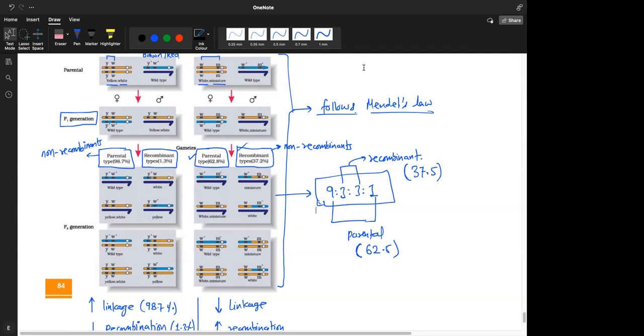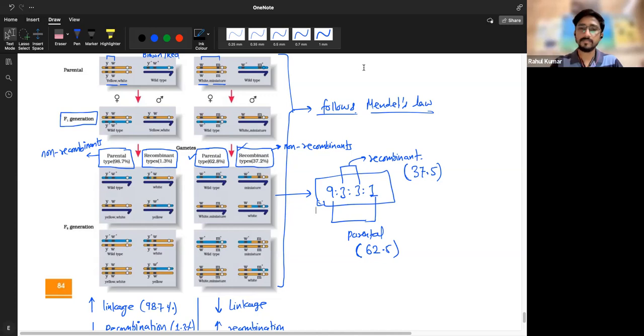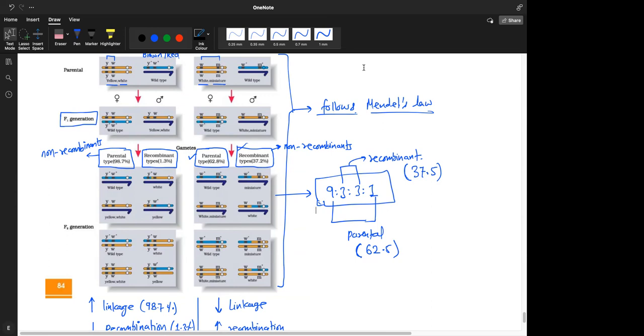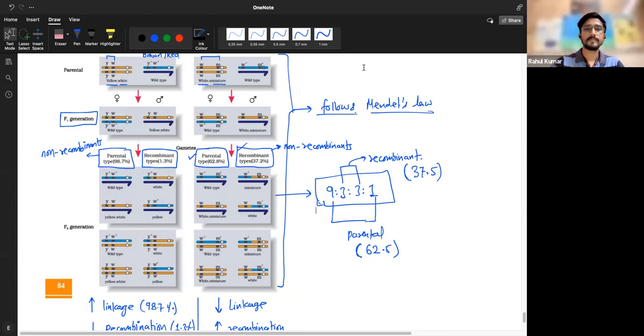You can just scribble it on your book with a pencil, where the figure is. Is it okay? Fine.